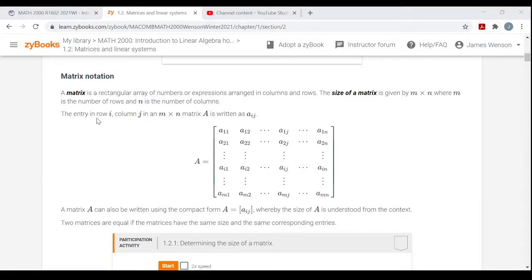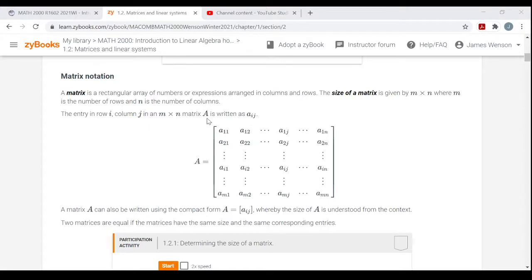The entry in row number i and column number j in an m by n matrix, capital A, usually in this ZyBooks text, a matrix will be represented by a capital letter. The entry in row i and column j is written as a lowercase a.